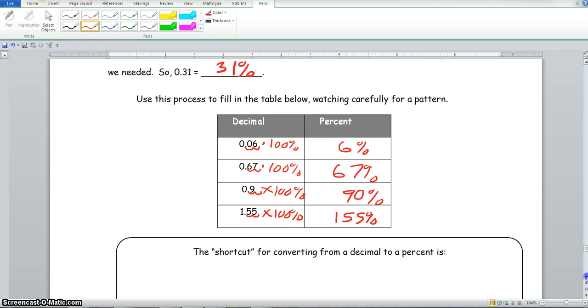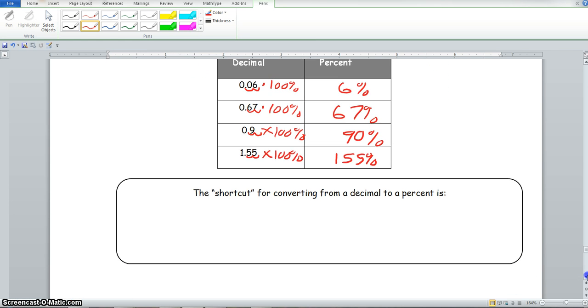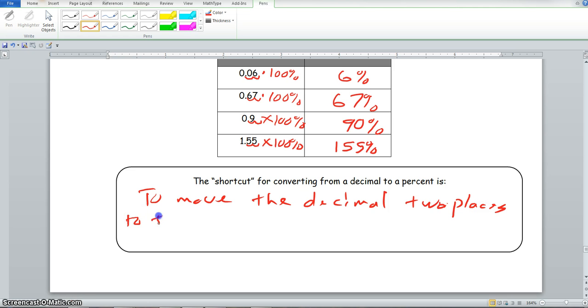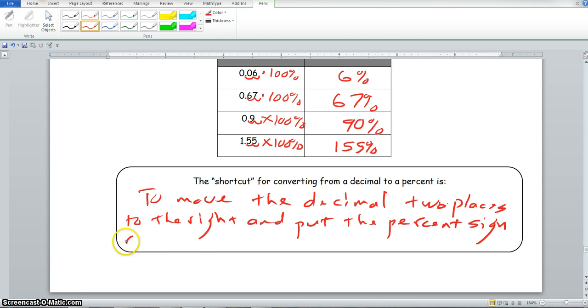The shortcut for converting from a decimal to a percent is to move the decimal 2 places to the right and put the percent sign on the end of the number.